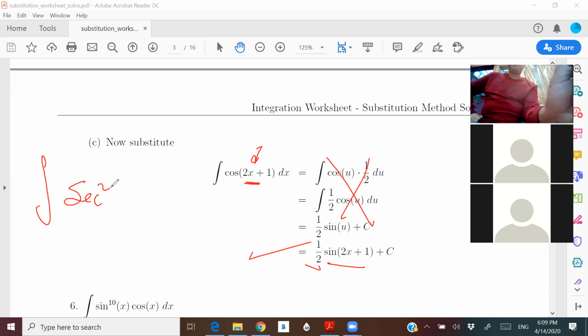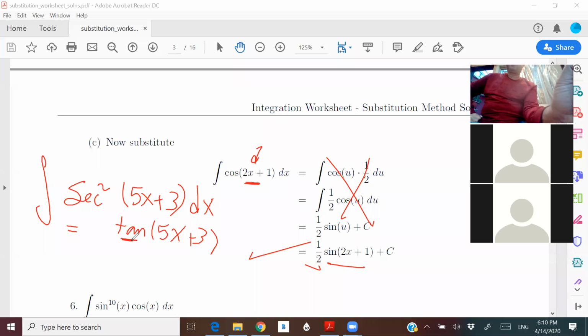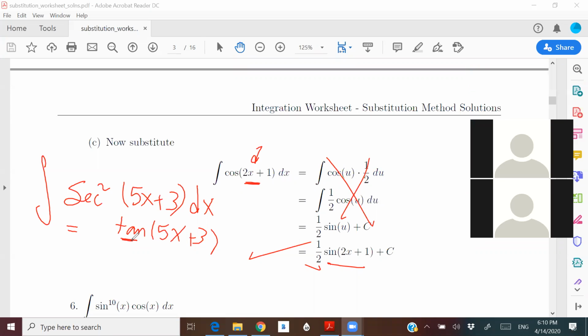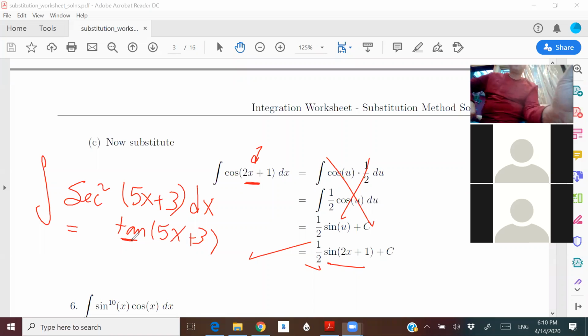Again, what about the integration of secant squared (5x + 3) dx? It becomes tangent(5x + 3). You know the derivative of tangent is secant squared.